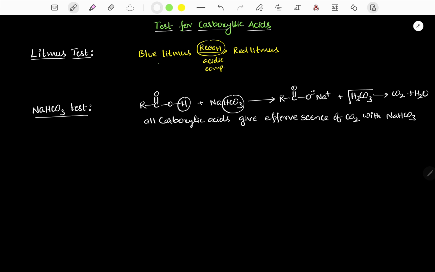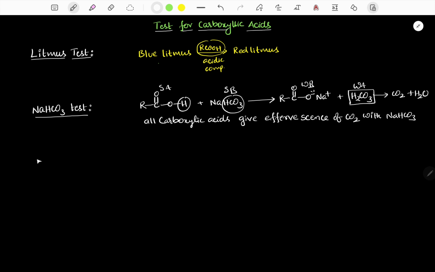Here H2CO3 is a weak acid, and carboxylic acid is a strong acid. Weak acid has a corresponding strong conjugate base, and strong acid has a corresponding weak conjugate base. So strong plus strong react, giving weak plus weak. That's why the reaction is progressing.